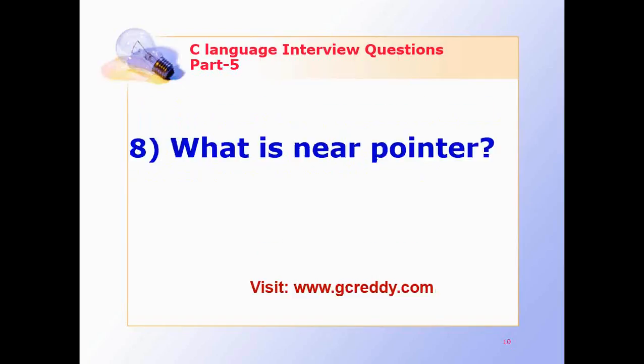What is a near pointer? A near pointer is 16-bit long. It uses the current content of the CS, that is the code segment register, if the pointer is pointing to code, or the current contents of the data segment register if the pointer is pointing to data, for the segment part.